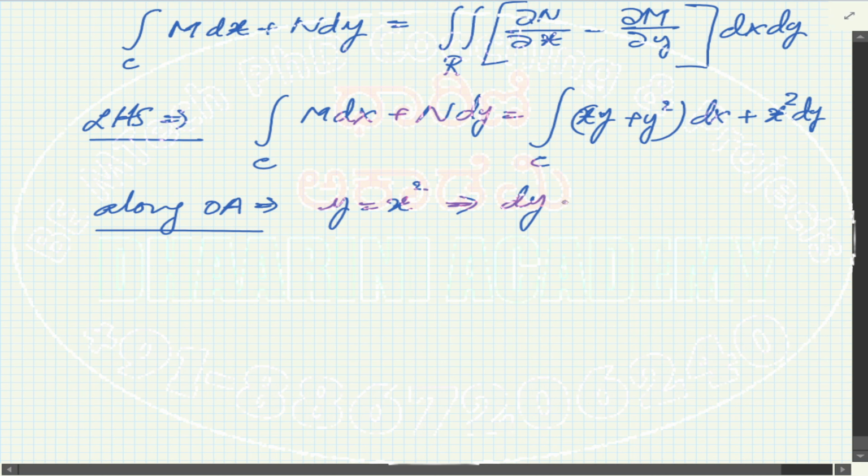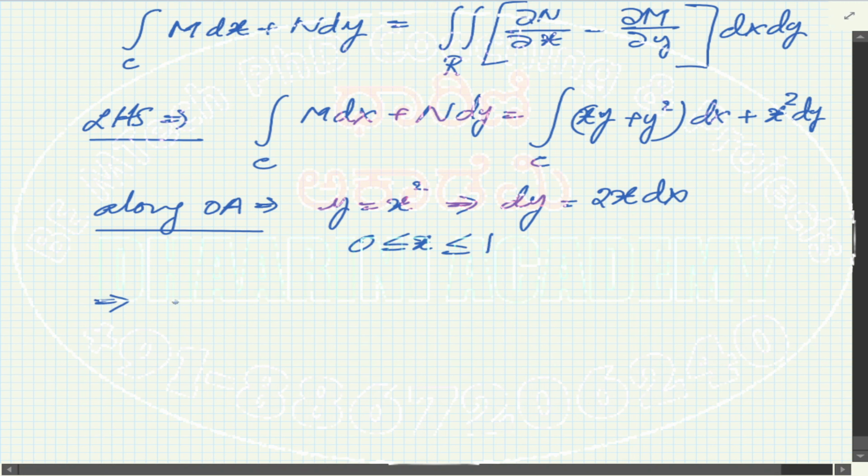This means wherever you have a dy, you can write 2x dx. I am writing in terms of x now, replacing y in terms of x. So I look for the range of x there. This is 0 less than or equal to x less than or equal to 1. So 0 to 1 is my limit now.